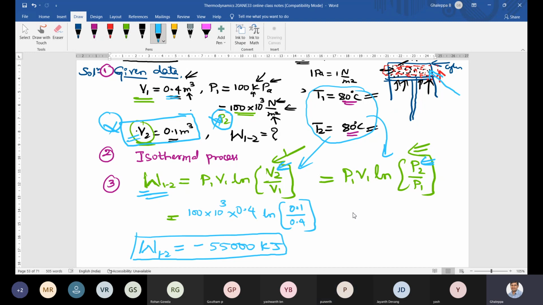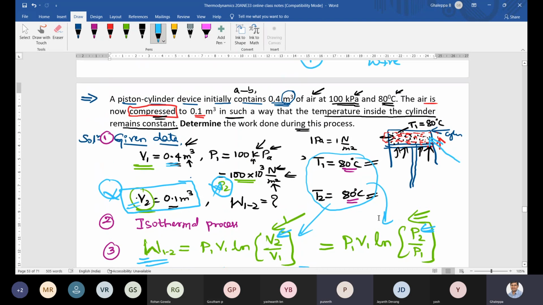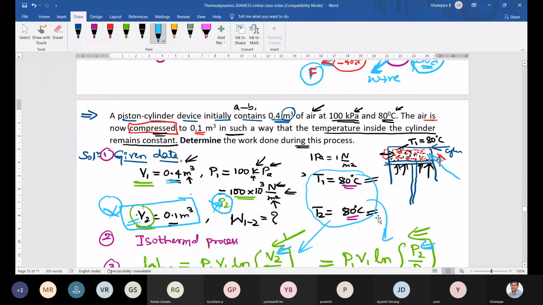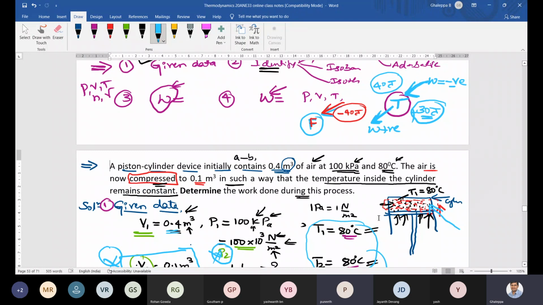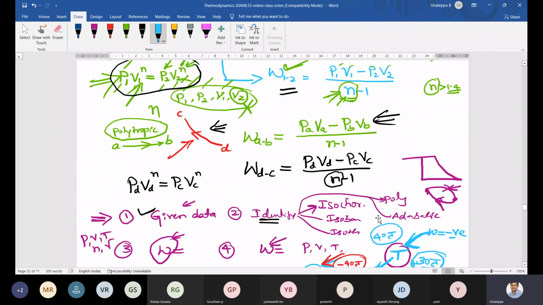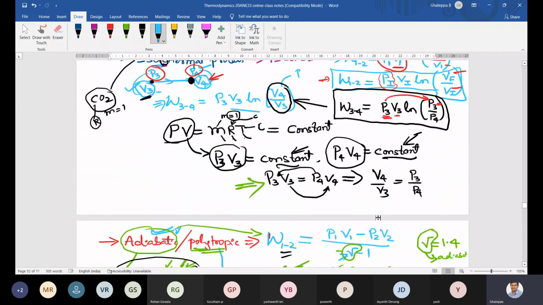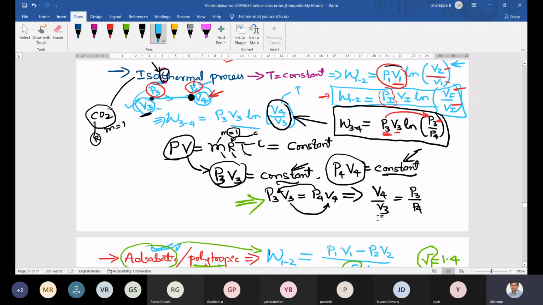If volume is not given, how will you apply the equation? Which equation will you consider? General equation. General equation for which process? I will go to the previous page slowly. Is there any equation related to isothermal? Look at this equation. Somewhere I have explained it to you.